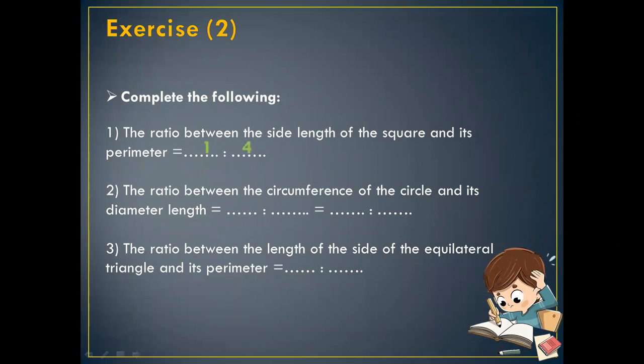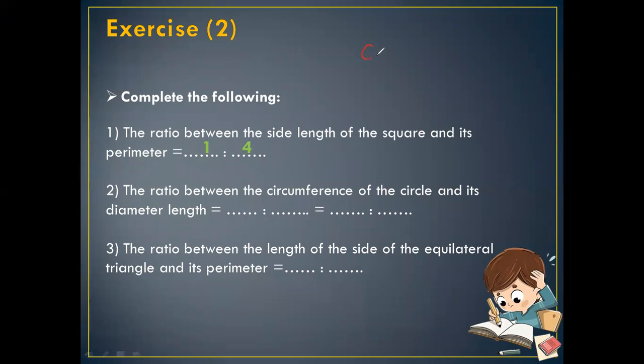Let's see the second one. We have the ratio between the circumference of the circle and its diameter length. What is the circumference of the circle?